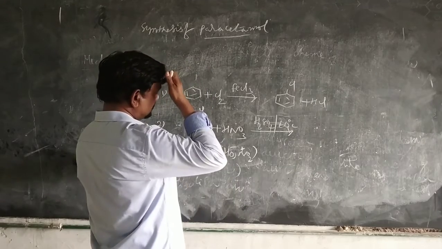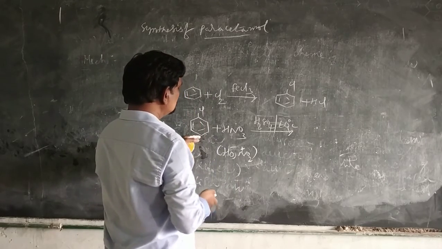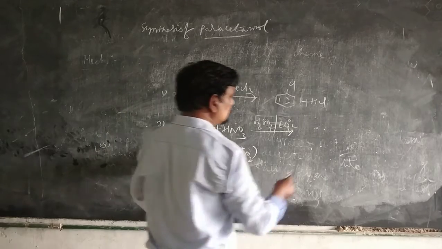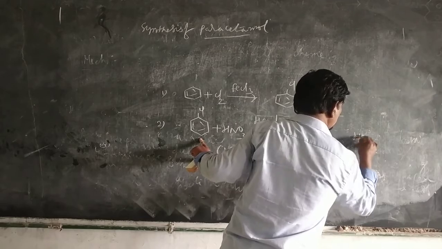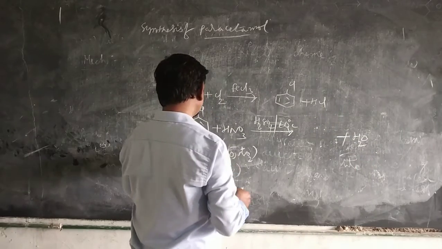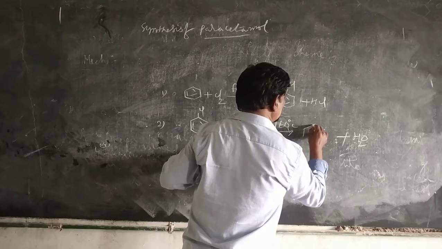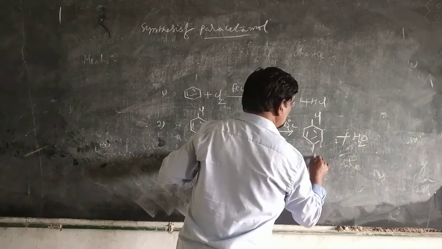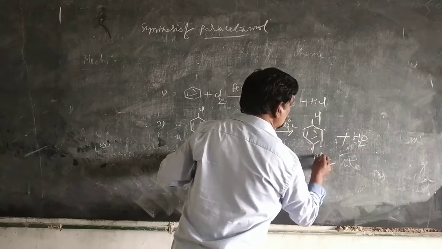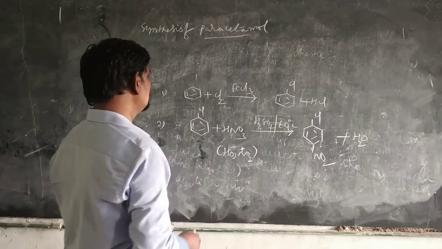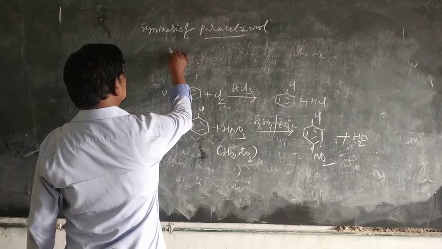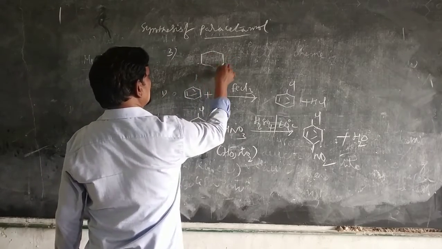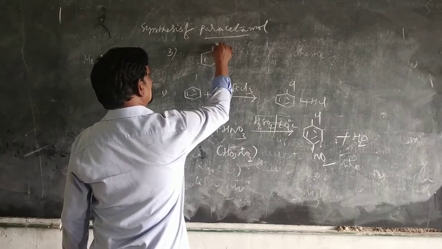Here hydrogen is available as a proton, so H plus and OH minus eliminate H2O. The remaining NO2 is substituted, giving para-chloro-nitrobenzene. And next, the third step.